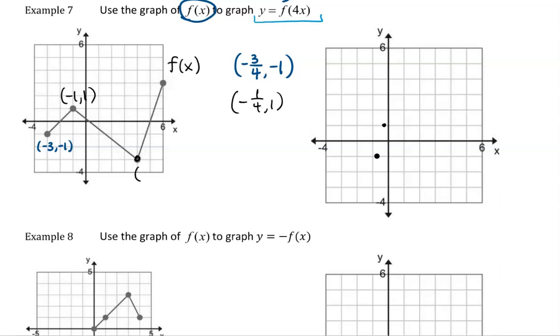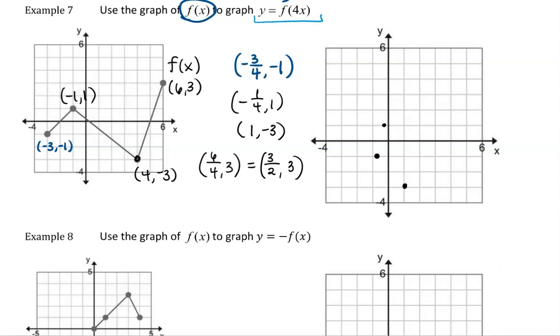This point down here looks like it was the point 4, -3. Divide the x coordinate by 4, it will now be the point 1, -3, which is right there. And then the last point I see on here is the point 6, 3. I'm going to divide the x coordinate by 4, so I'll have 6/4, 3, and I'll simplify the 6/4 by dividing both by 2 to leave me with 3/2.